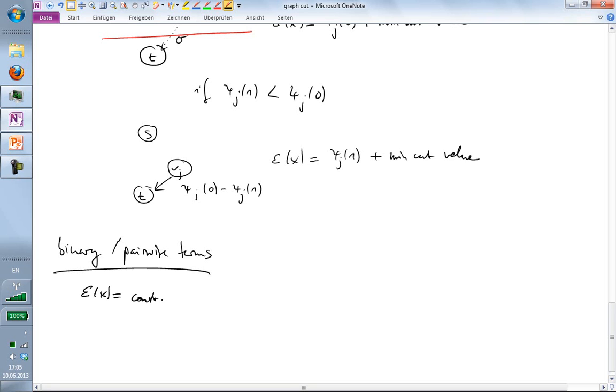It's irrelevant for the MAP problem. Plus, omitting the unary terms, we're looking at pairs of vertices i and j in the edge set.